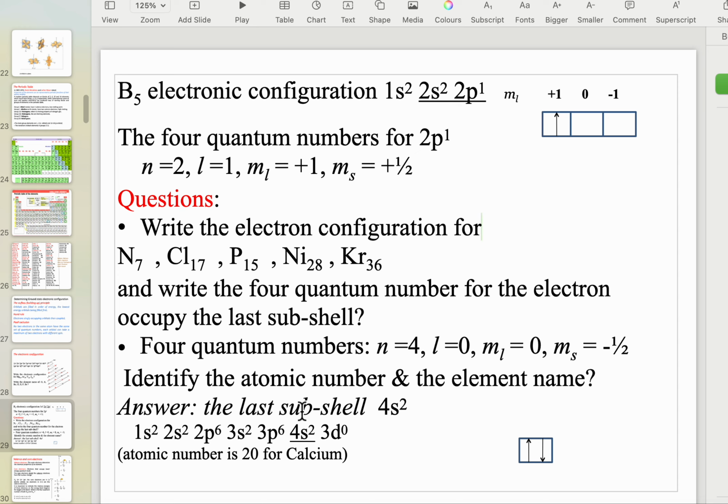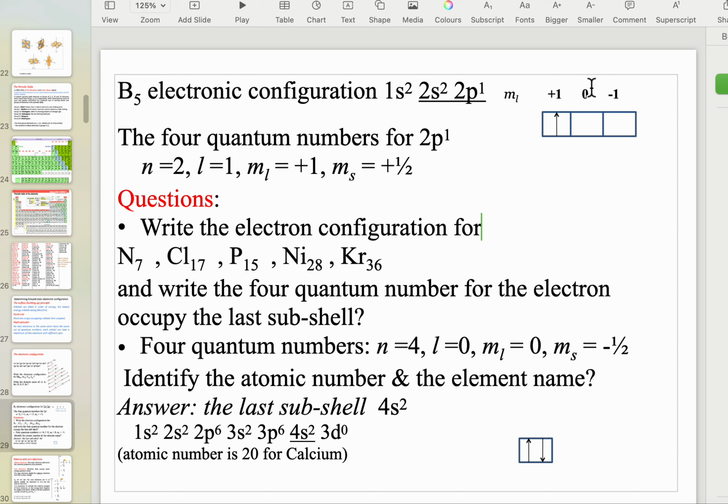So now if we answer this, the last subshell: n is 4, so you say 4. When l is 0, it means the s orbital, so we write 4s. The ml is the orbital magnetic momentum, which is 0, so it's sitting in the s.